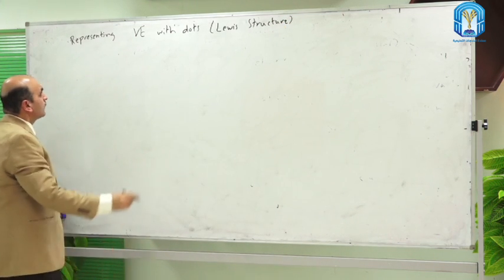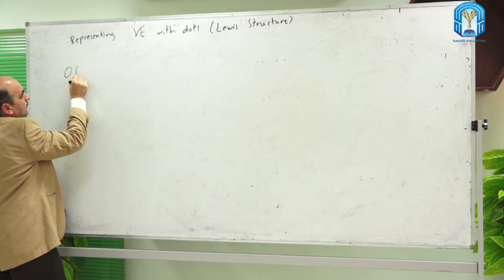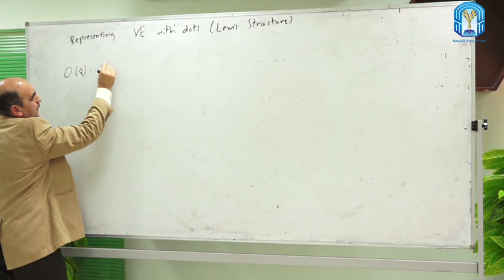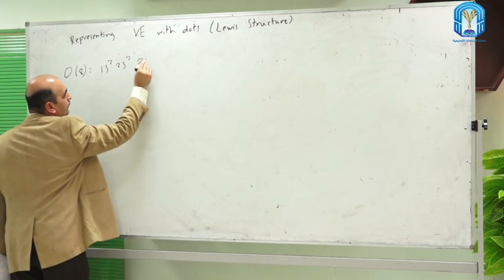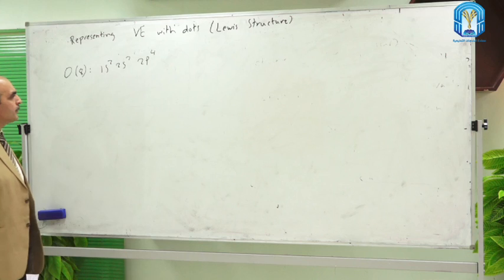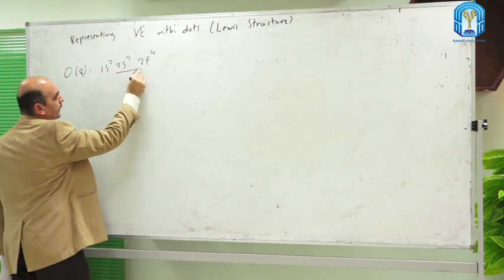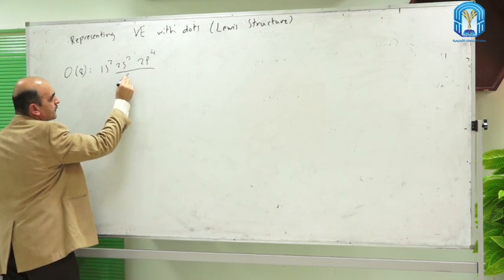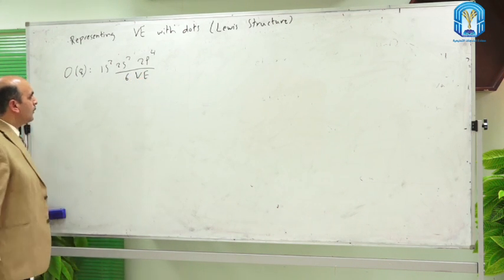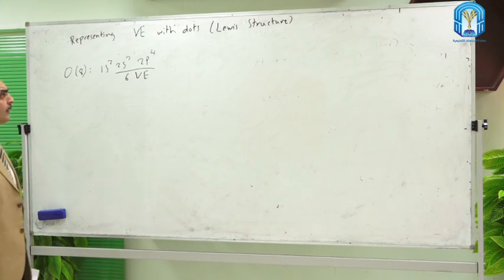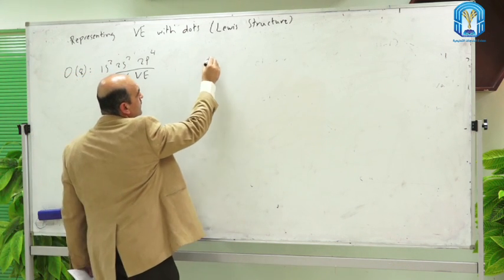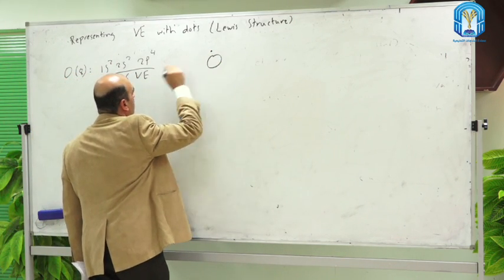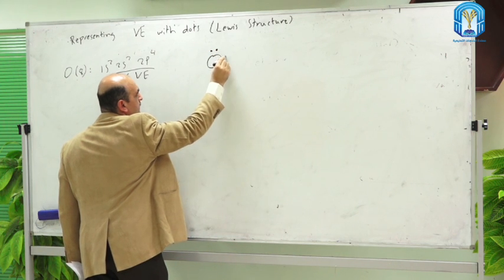The electron configuration for oxygen, which has 8 electrons, is 1s2, 2s2, 2p4. So we see here that the valence orbitals, 2s and 2p, have 6 valence electrons. Those valence electrons, we can represent them with dots, or Lewis structure. So only valence electrons are represented. Oxygen has 6 valence electrons, so we put 6 dots.